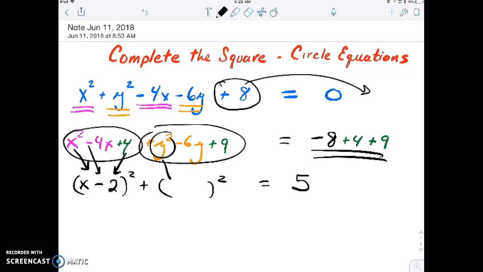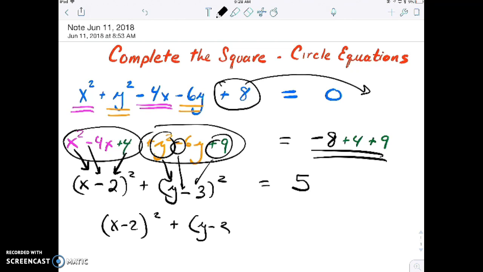So this one would be y minus 3. So I'll just rewrite it a little bit neater. And we have an easy to read circle equation where the center is positive 2, positive 3, with a radius of the square root of 5.